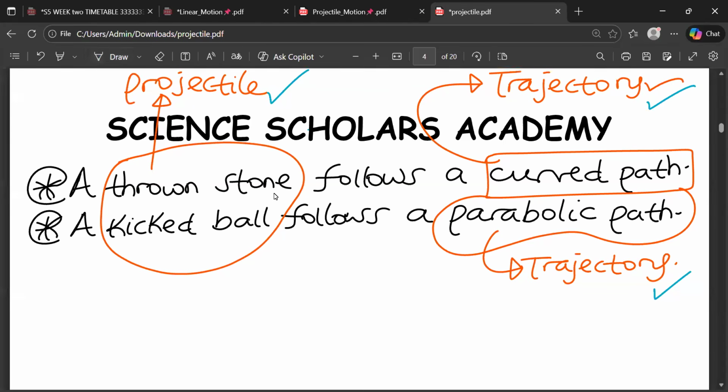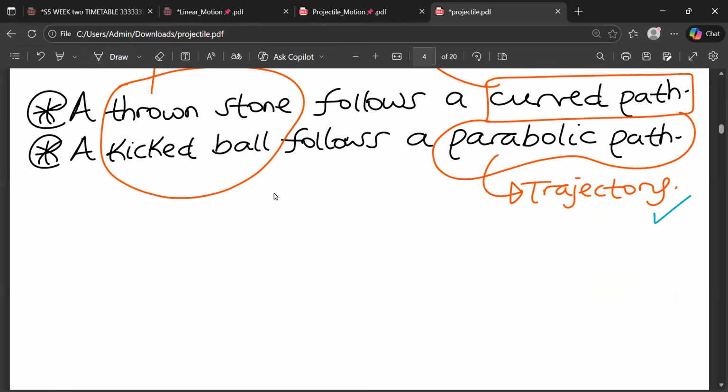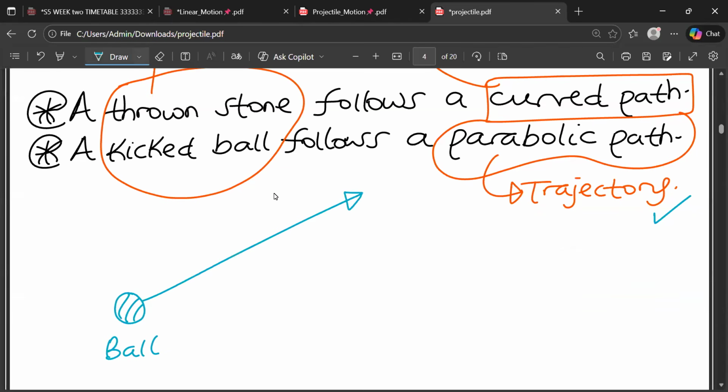Now, what do they call the angle of projection? I explained that one. When you have your body there, I've been using the ball in most cases, and you give it a push, I told you this push gives it the initial velocity u. Then I added that the angle of projection is usually with the horizontal, and it is this theta.